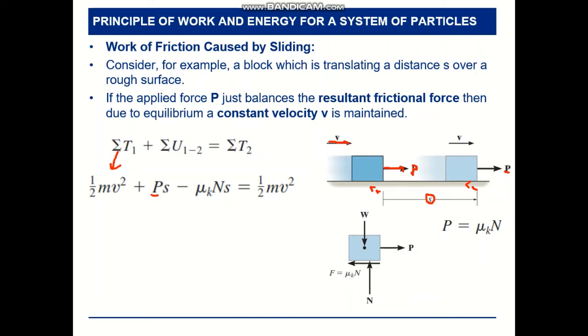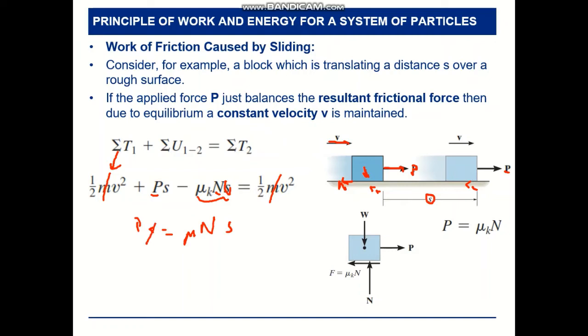In this direction, right, F s. And we have a friction force, so it is going to be mu k, and then the normal force N. So mu k multiplied by N multiplied by s is going to give us the frictional work, equal to 1/2 m v squared, where v is constant. So this term cancels, and P s is equal to mu k N s.